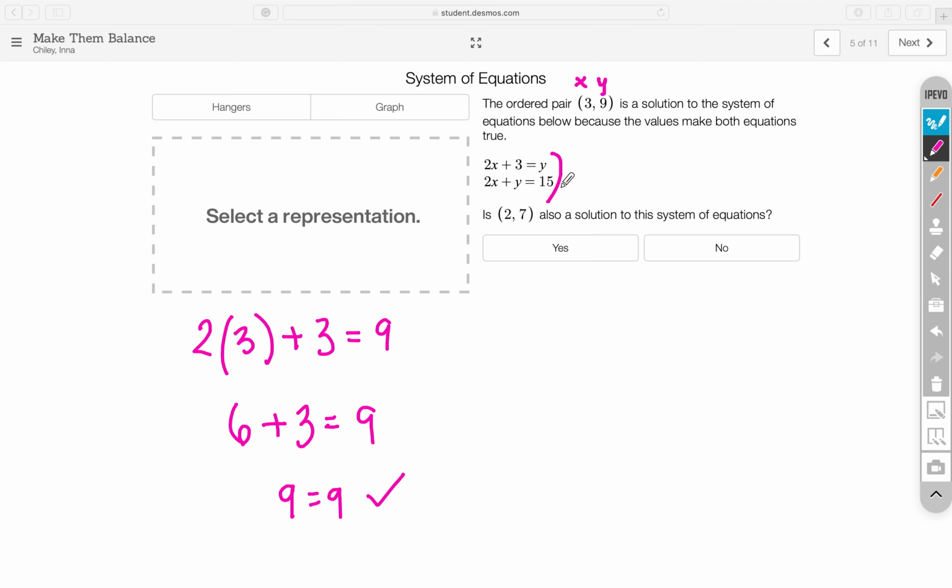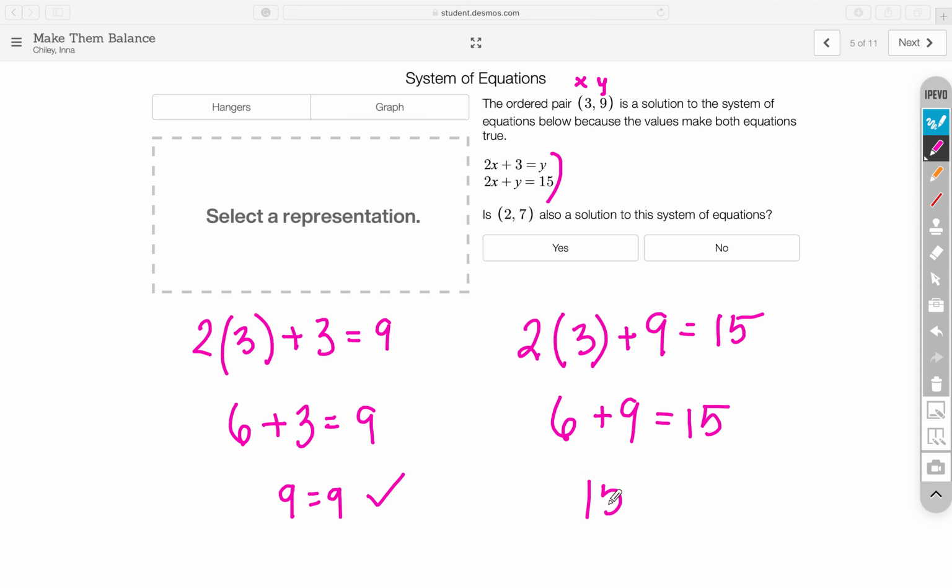Now let's do the same thing to the second equation. 2 times 3 plus 9 has to equal 15. 2 times 3 is 6, plus 9 is 15. That's equal to 15. Both equations are simultaneously equal when I plug in 3 for x and 9 for y.